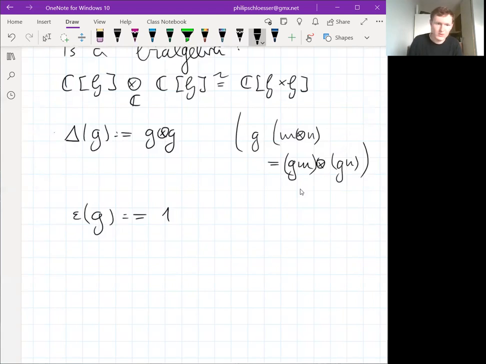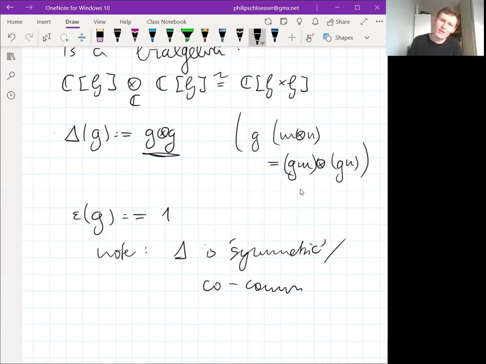Note that this thing here is symmetric. Or you could also say co-commutative.